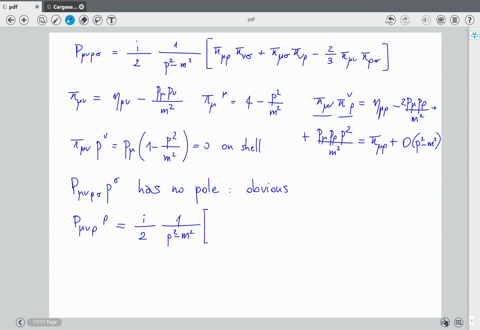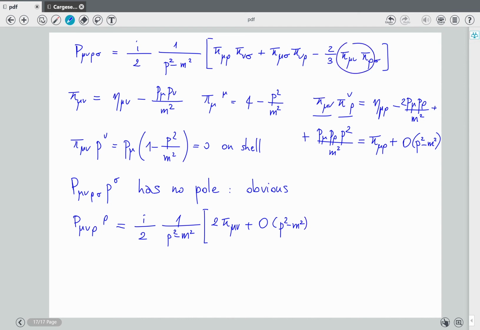How to do it? When you contract rho with sigma, you can replace pi pi with a pi, because we can neglect the things that are 0 on shell. So we have 2 pi mu nu plus something that vanishes on shell.